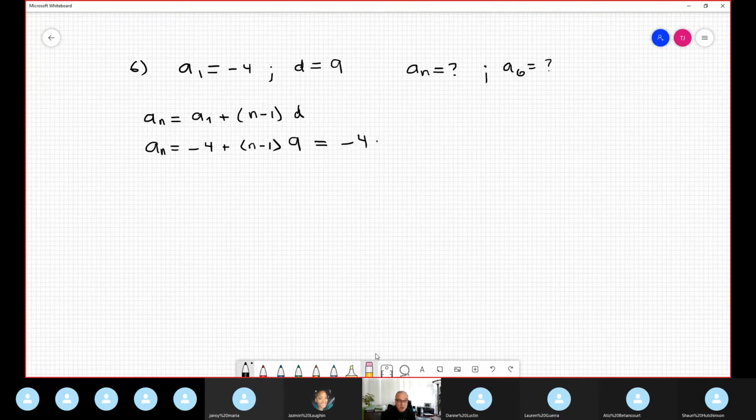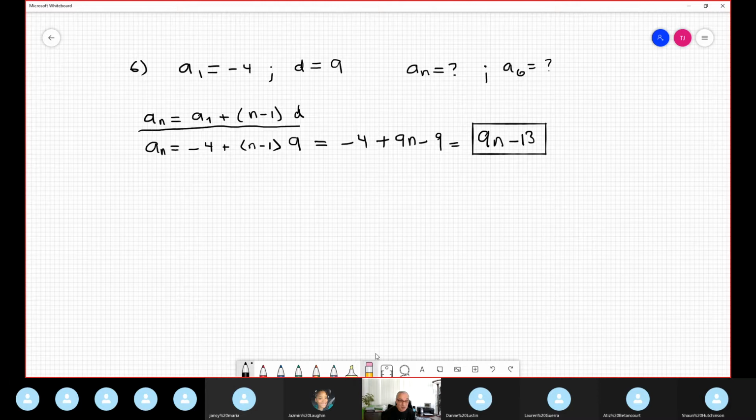This formula: minus 4 plus 9m minus 9 is 9m minus 13. Sorry, A sub m is 9 times m minus 13. This is the specific formula; the previous one is the general formula for any sequence. But in our specific example, the formula is like that.